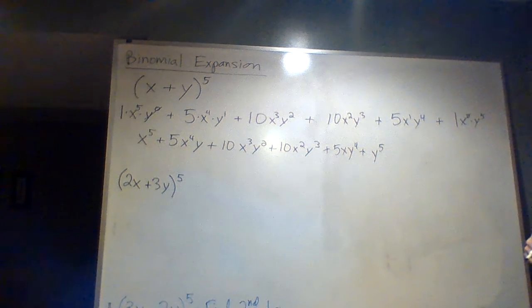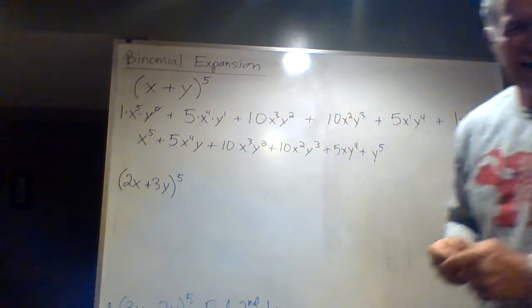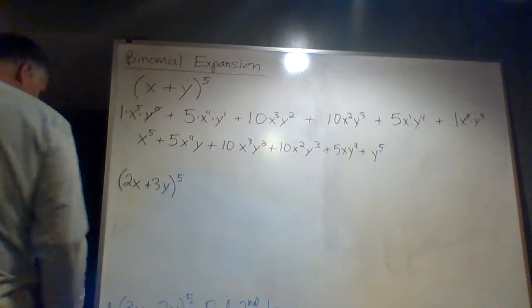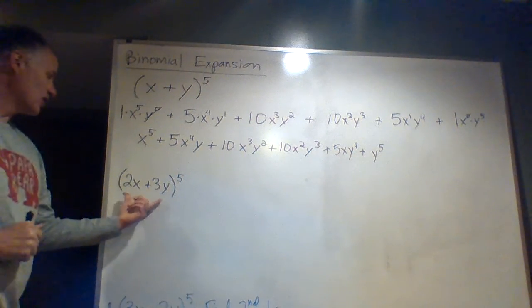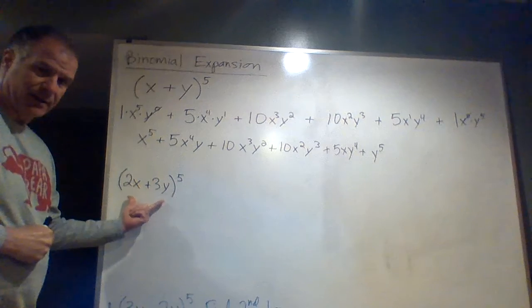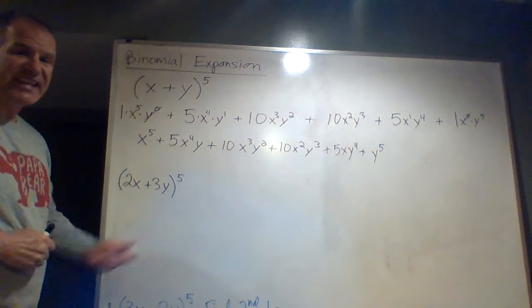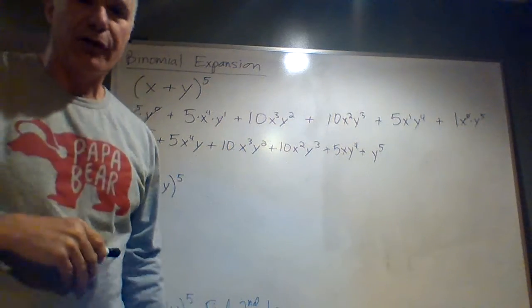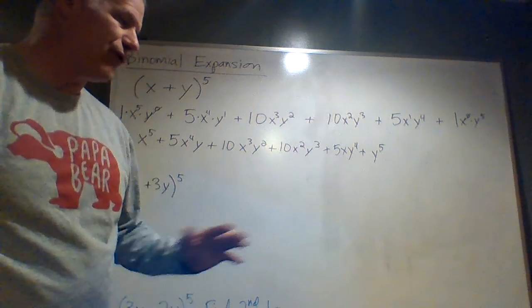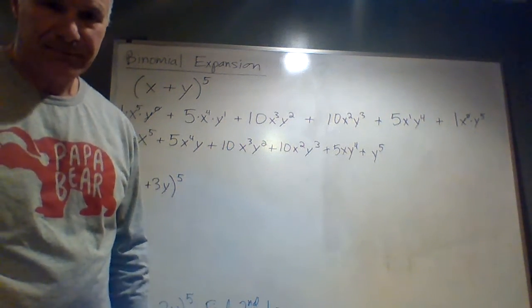There we go. Okay. Now, again, I'm not going to make you do all of it here. Here is a bigger one, obviously, and on the exam, they just say find the first term or the third term or the fourth term or whatever, okay?